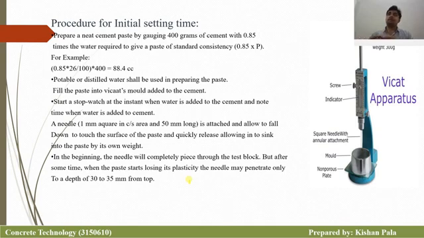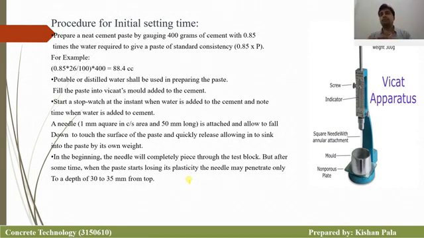For example, when I start this procedure, the needle reaches 0 mm. Then after some time, I release the needle and it reaches 1 mm. After some more time, I release the needle and it reaches 4 mm.